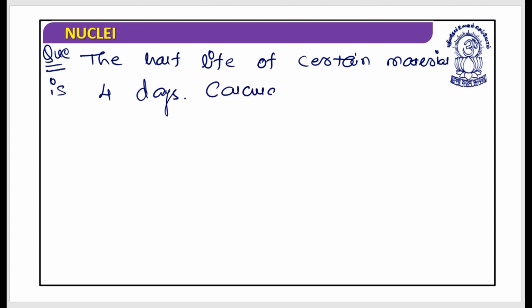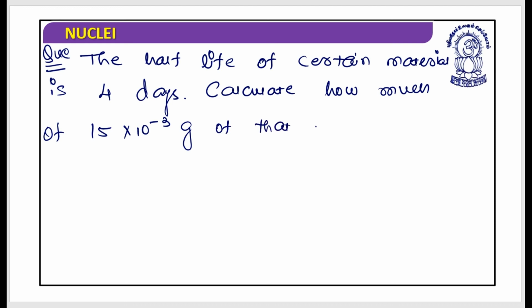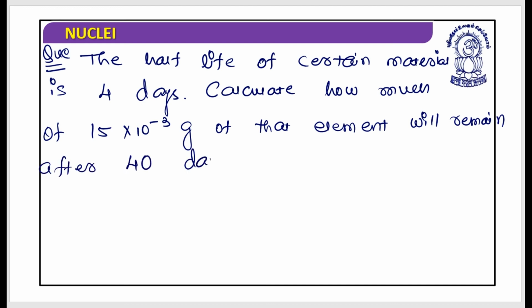Calculate how much of 15 into 10 to the power minus 3 milligram of that element will remain after 40 days.